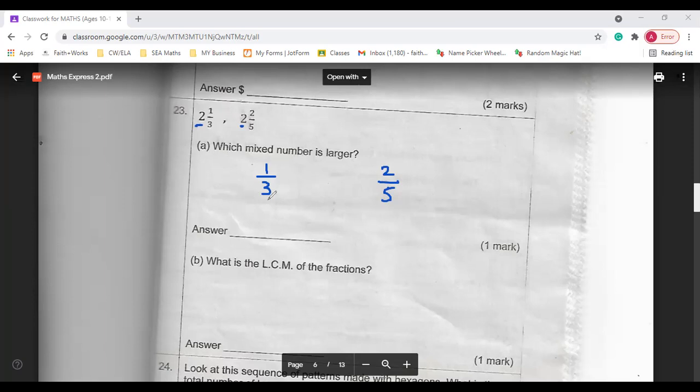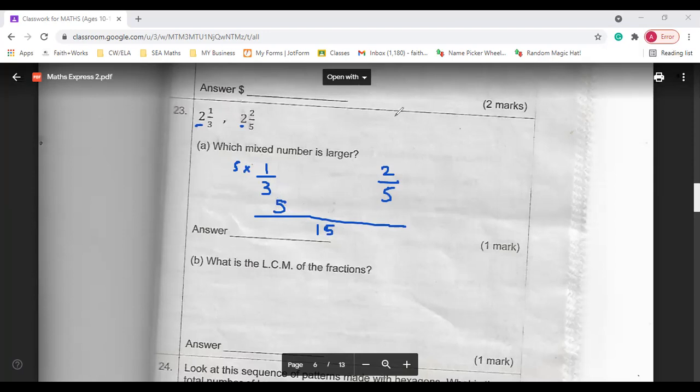So let's try the two. If you're looking for the lowest common denominator, lowest common multiple, right? 15 can go into both of them. So 3 into 15, 5. 5 times 1 is 5. So this would be 5/15.